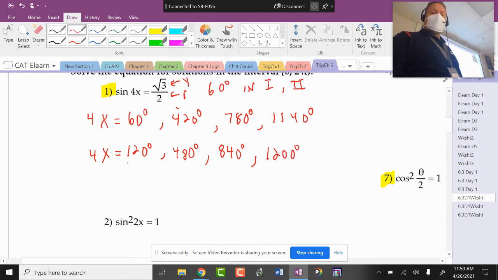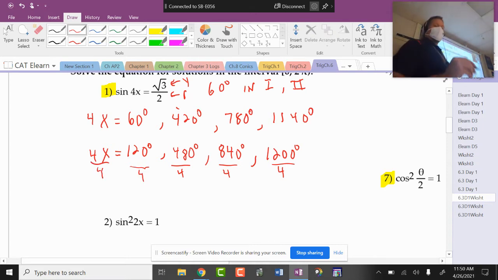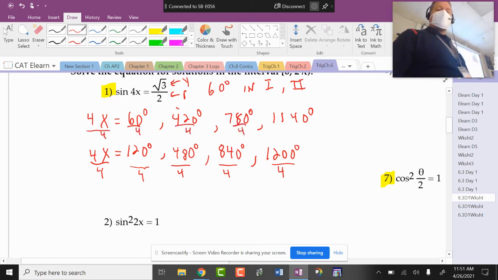And then you take all of these answers and divide them by 4 because that's what 4x equals. Wow, this is a crazy equation. 4x equals 4 different numbers with a comma on it. Actually, incorrect. 4x equals 8 different numbers.